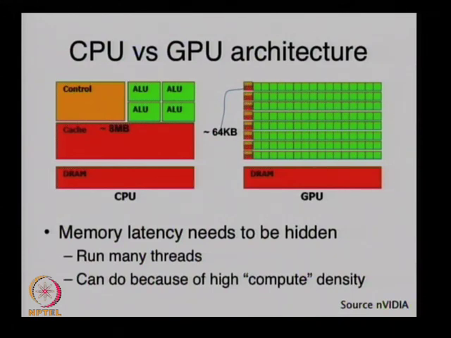look at the architecture. A stark difference between the CPU architecture on the left hand side and the GPU architecture on the right hand side is the cache. The CPU has a big cache, the GPU has a small cache, as well as the computation. The green is the computation, and the red is memory, which is divided into the cache and the main memory, so to speak.